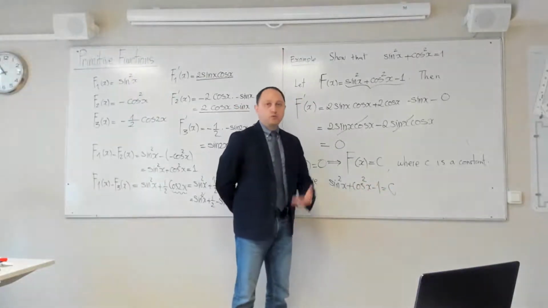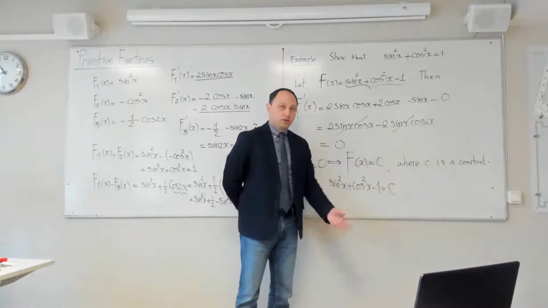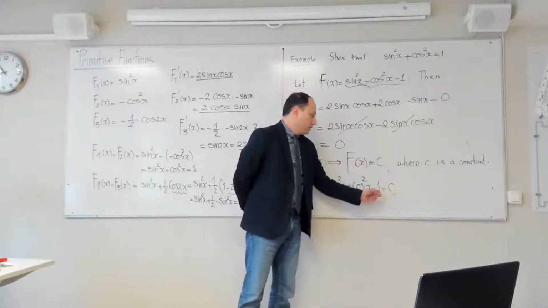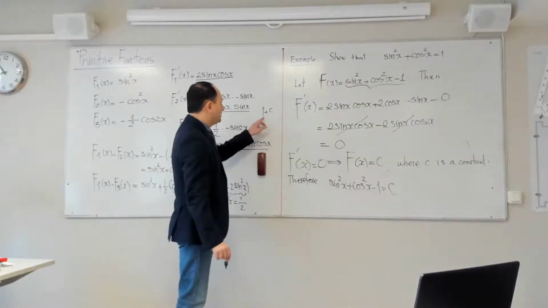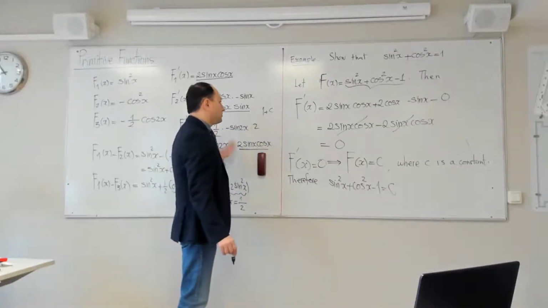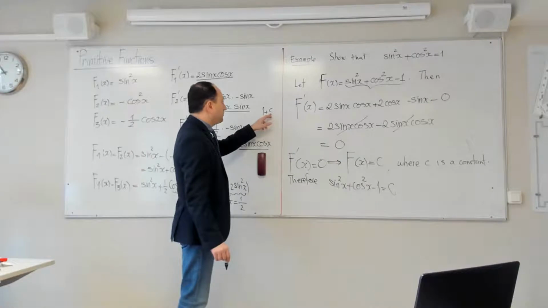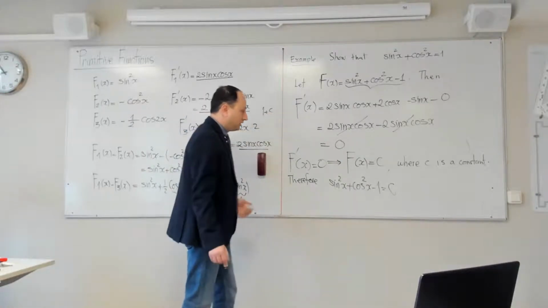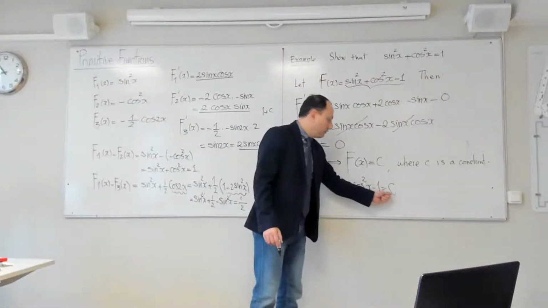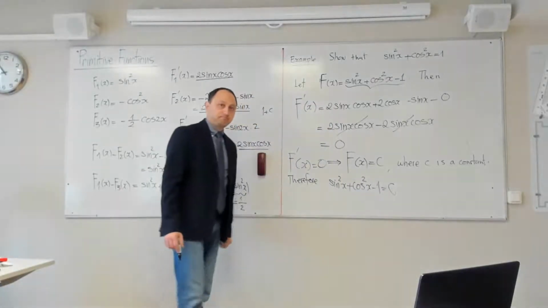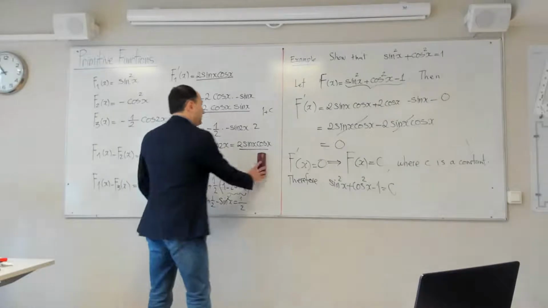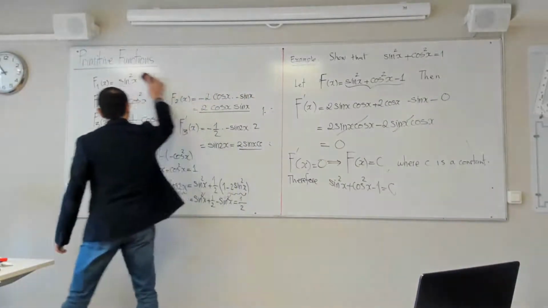That might be 1, that might be 2, because I don't know c. If c is 0, the answer is 1. If c is 1, the answer is 2. If c is negative 3, the answer is negative 2, for example. But how can I really fine-tune exactly what the value of c is? You can think about it while I am erasing the board.